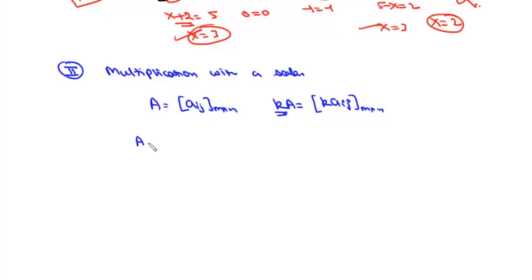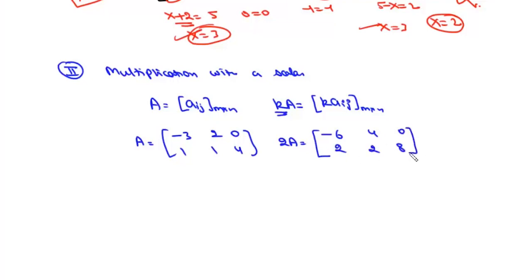Say, for example, suppose we have this A as -3 2 0, 1 1 4, and if we need to find 2A, then this 2 will be multiplied to all the elements. It will be -6, 4, 0, it will be 2, 2 and 8.